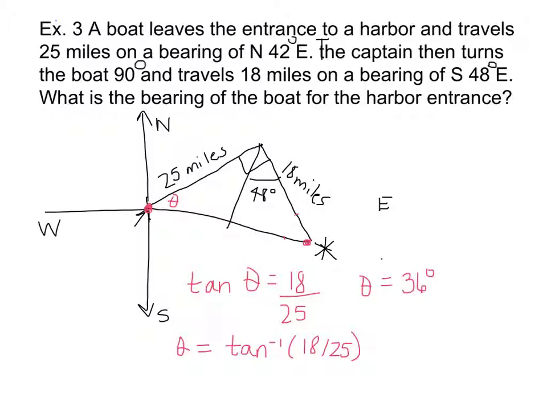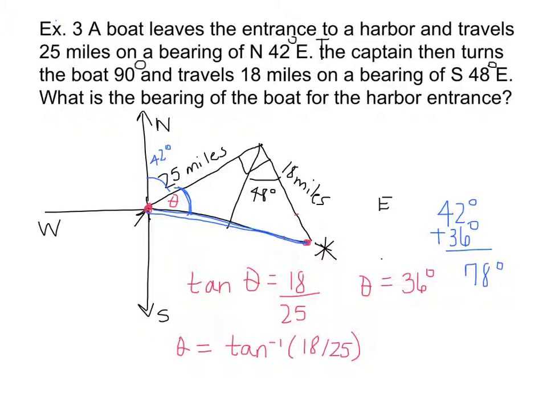Now, what I forgot to mark is this angle right here. That was 42 degrees, which is north 42 degrees east. And so the acute angle from here to this ray would be the 42 plus this angle we just found. So 42 plus 36 gives us 78 degrees.